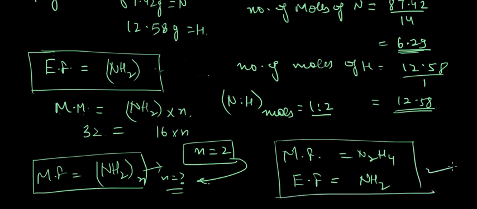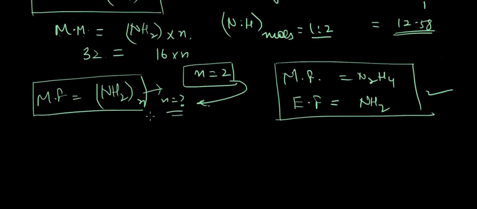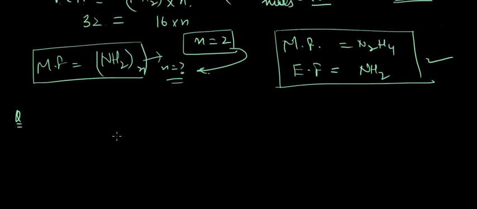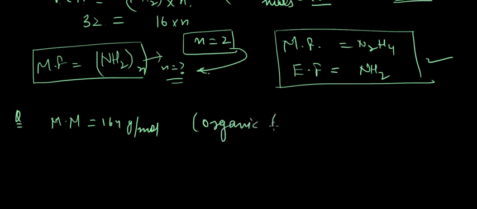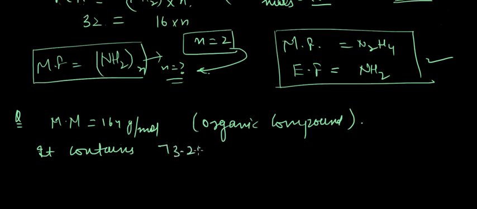Okay, so next let's see another question wherein we have been given an organic compound which has molar mass of 164 gram per mole, and it contains 73.2 percentage of carbon, 7.28% of hydrogen, and remaining is oxygen.